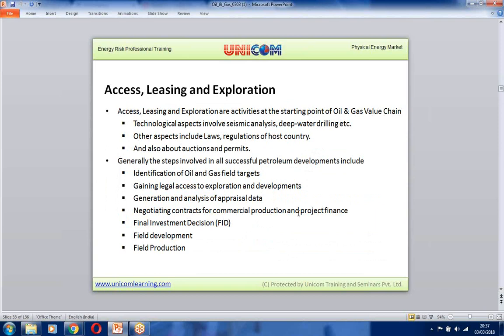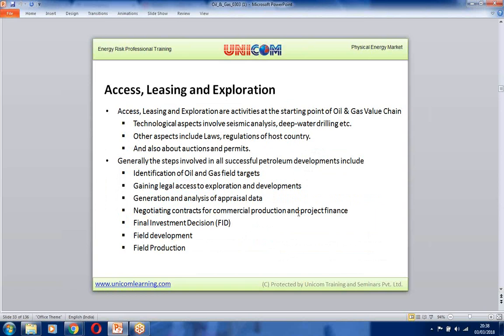Now, once hydrocarbon presence has been established, the next step is how to access those hydrocarbon reservoirs, the places where these are trapped. So that deals with the access, leasing and exploration portions.